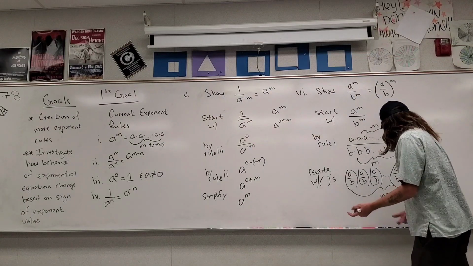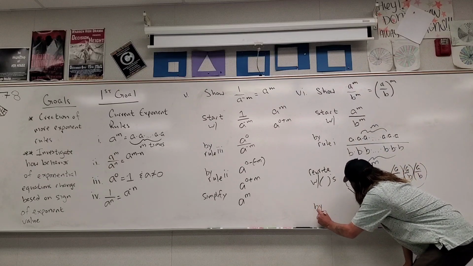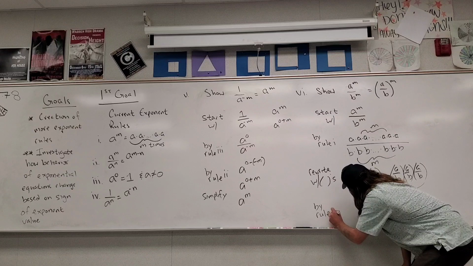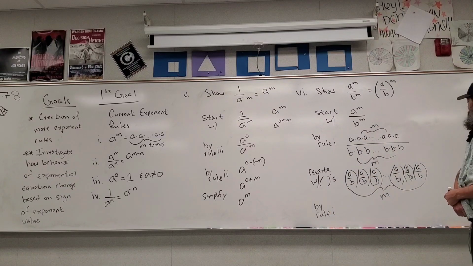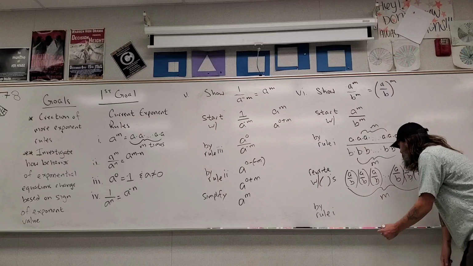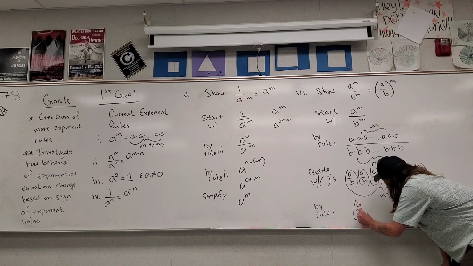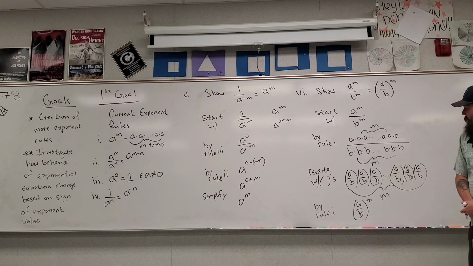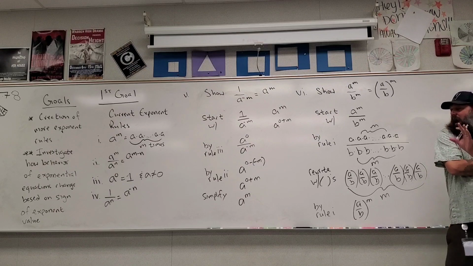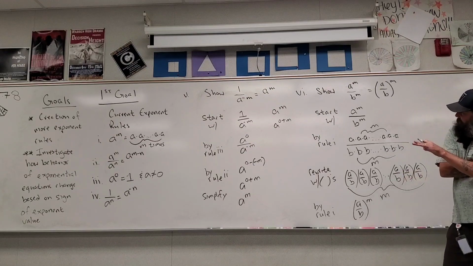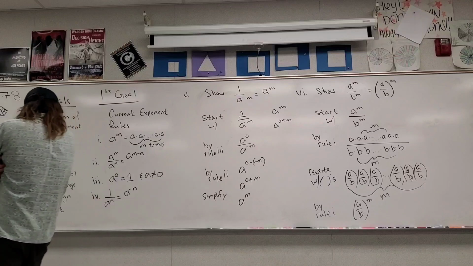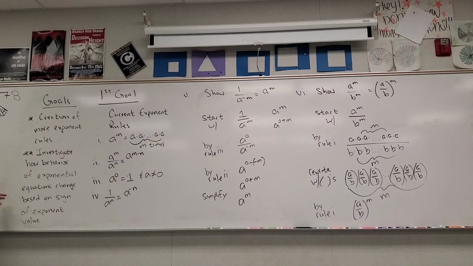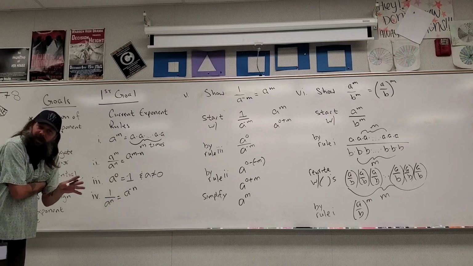So by rule 1 again, I can rewrite this expanded multiplication as a over b n times. This is going to be important because I need to know this in order to investigate the behavior of exponential equations based on the sign of the exponent value. So I'm going to go ahead and pause this video and erase what I have written. I'll be back.